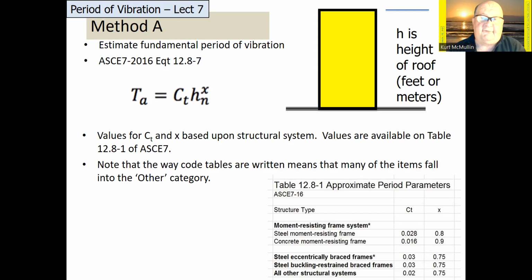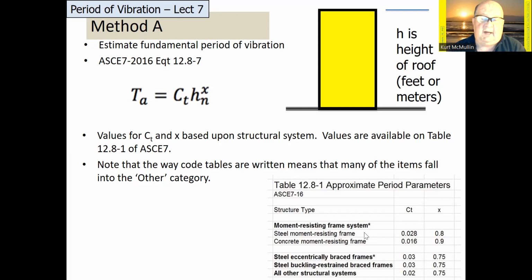So other is usually not the option that most people pick. Building codes are a little the opposite. Oftentimes, this category of other at the bottom of the table is the one that contains the vast majority of structures. So don't be hesitant to use those values when you don't meet the requirements of something else.